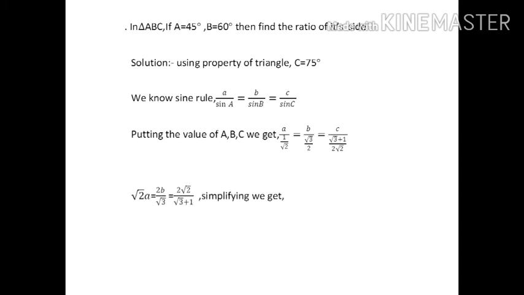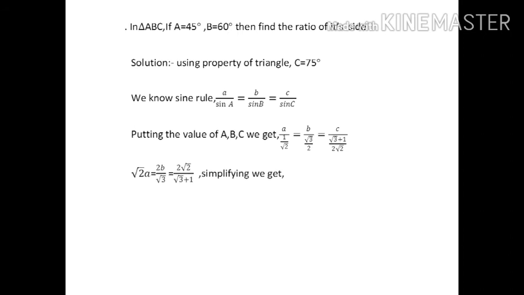We know that by sine rule, a upon sine A is equal to b upon sine B is equal to c upon sine C. Putting the values of capital A, B, C, we get a upon sine 45 degree, sine 45 is 1 upon root 2, b upon sine 60, that is root 3 by 2, and c upon sine 75.